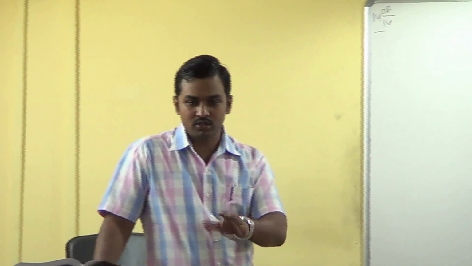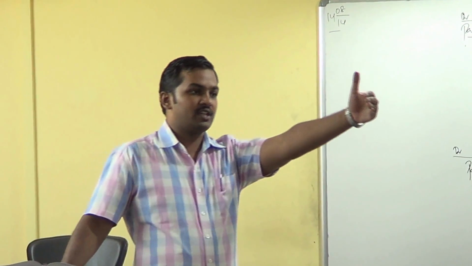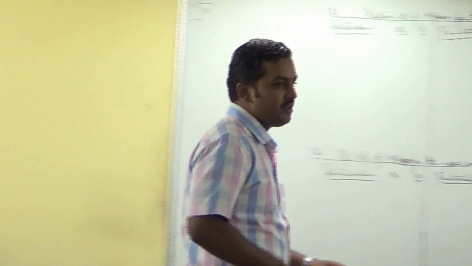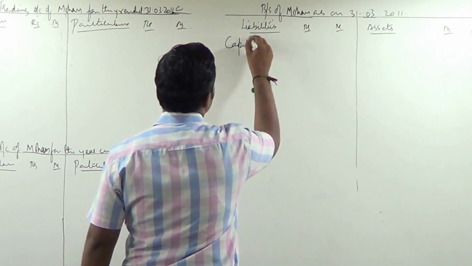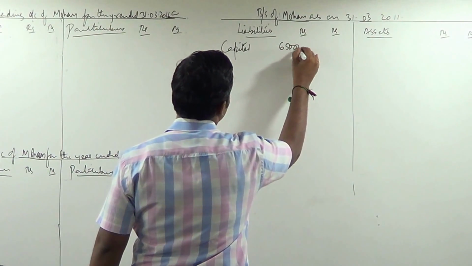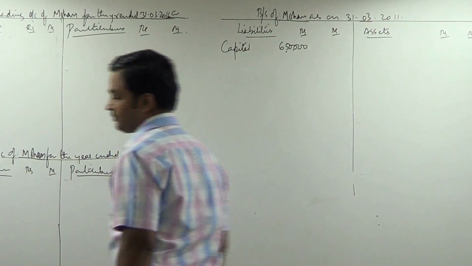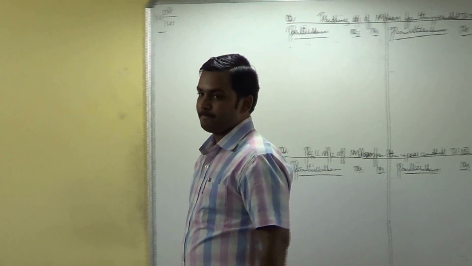It's an account which will not be closed. It has to continue in our books in the next year also. Hence, it is shown in the balance sheet. Capital inner column. How much? 6,50,000. Capital, balance sheet liability side, inner column 6,50,000.